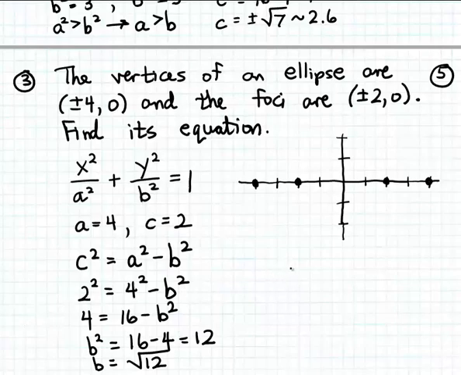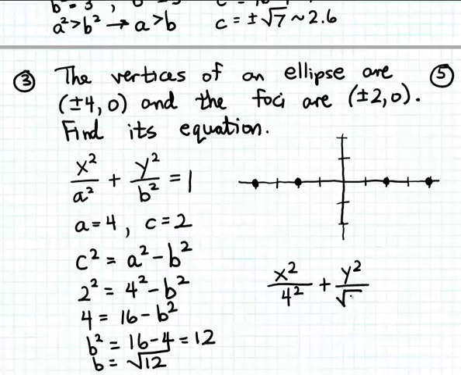So let me complete it down here where I've got a little bit of room. We know the equation is going to be x squared over a squared, but a squared would be 16, right? That's 4 squared. Let me write this as 4 squared, plus y squared over b squared.